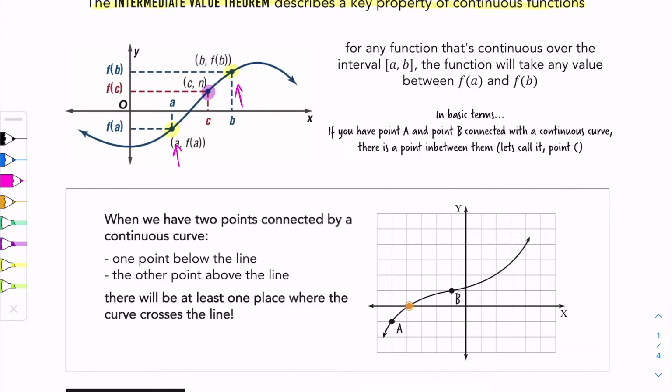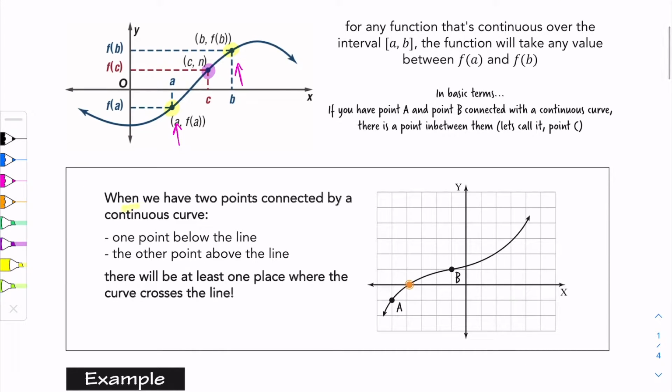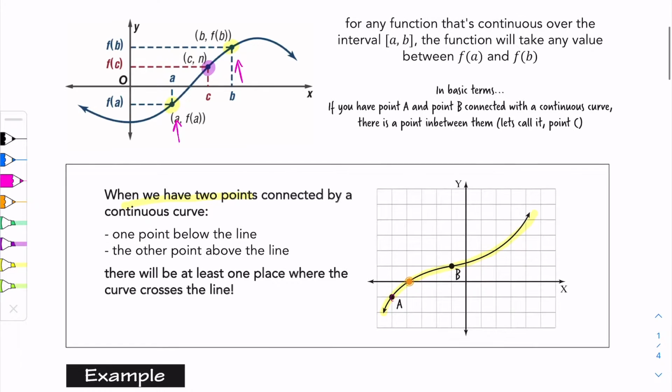So if we have 2 points connected by a continuous curve, like this line here, our 2 points are A and B. Let's just mark the x-axis as a line just for reference.